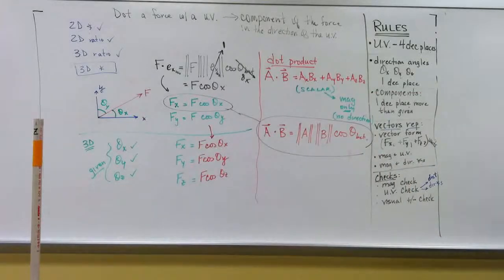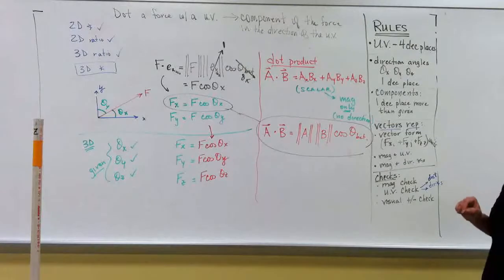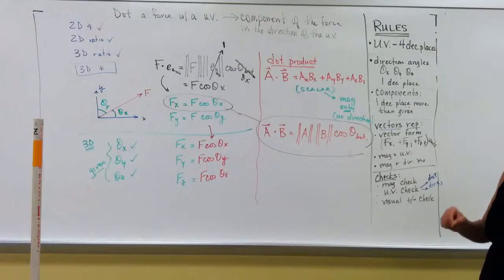In the previous video, when we talked about 2D angles and 2D ratio problems, one of the things I talked about is in engineering, we tend to use cosine. A reason I mentioned earlier is because it always gives you the correct sign, as long as you're taking the cosine of the direction angle.